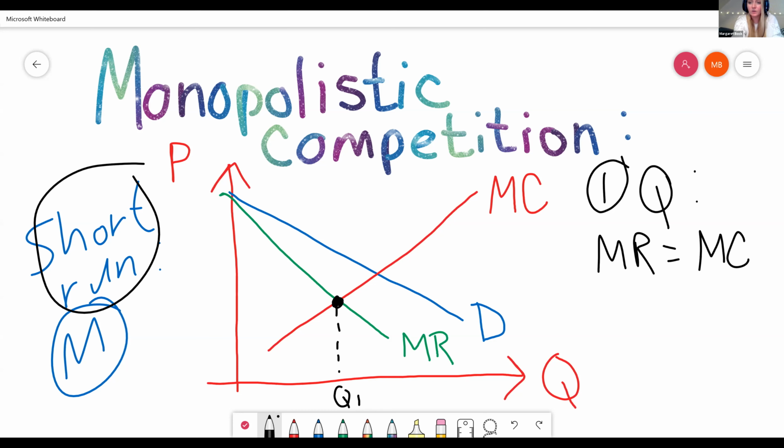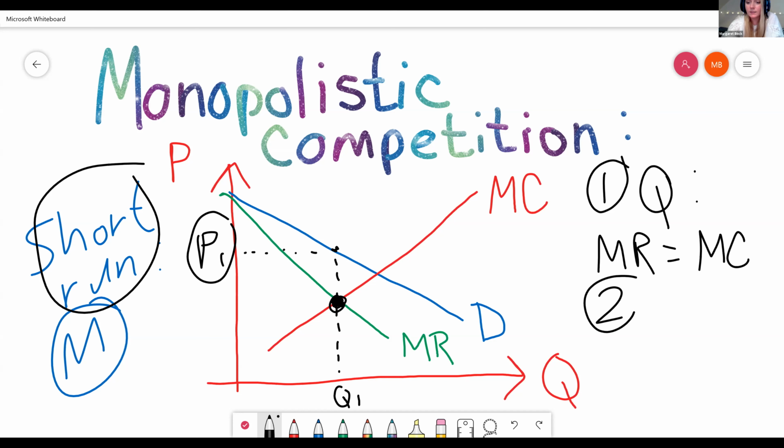The price that they're going to charge for this quantity is going to be from this intersection point, go straight up to the demand curve. So once we find the intersection point here, we can go straight up to the demand curve. And this is the price that the monopolistic competitor is going to charge.